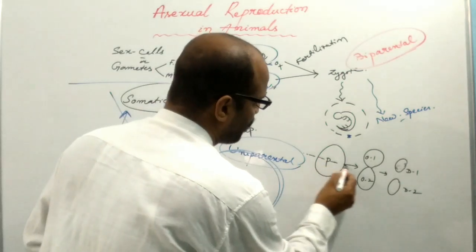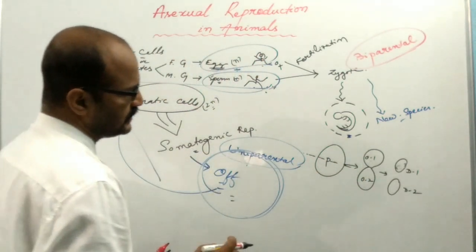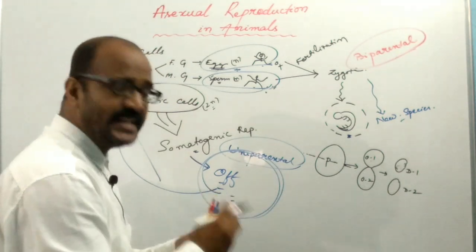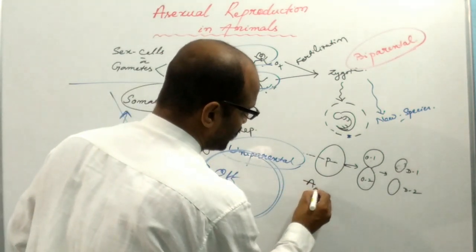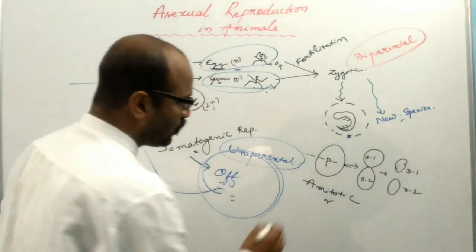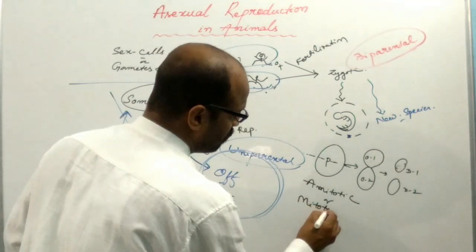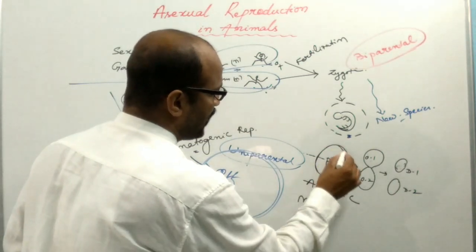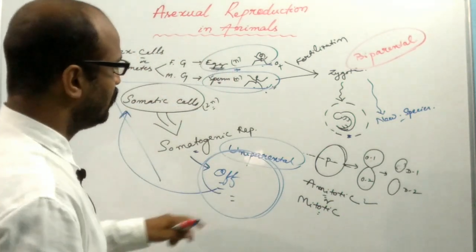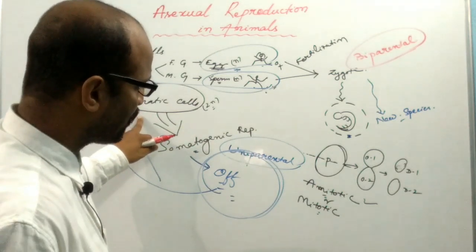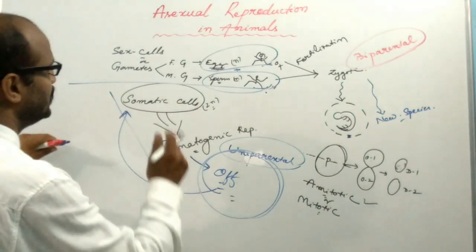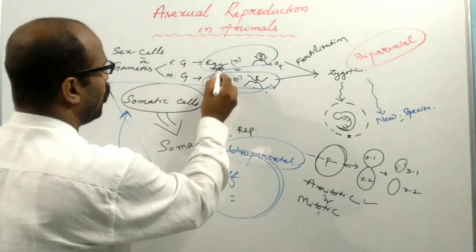The division of the parent body takes place by mitotic cell division, or it may be even simpler, like amitotic cell division. So mitotic or simpler amitotic cell division is found in case of asexual reproduction. But in case of sexual reproduction, there is the production of sperm and egg.